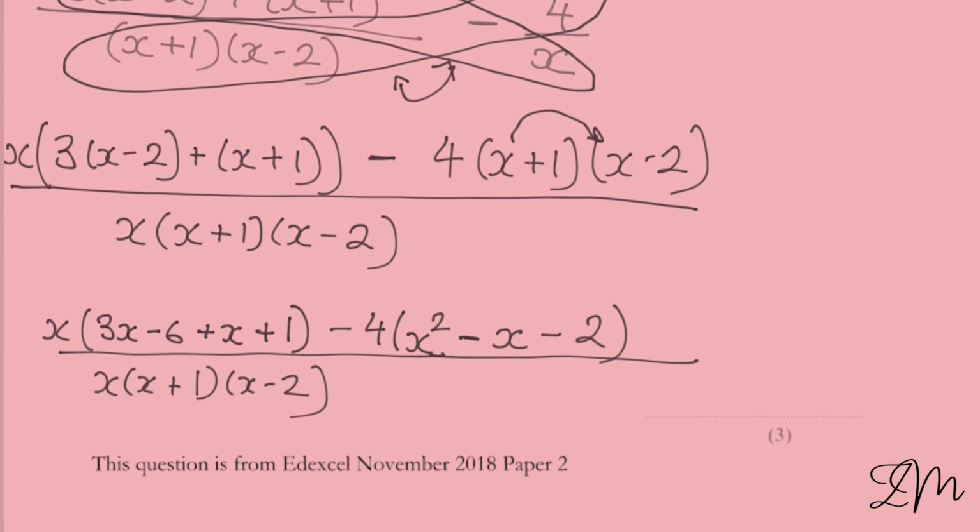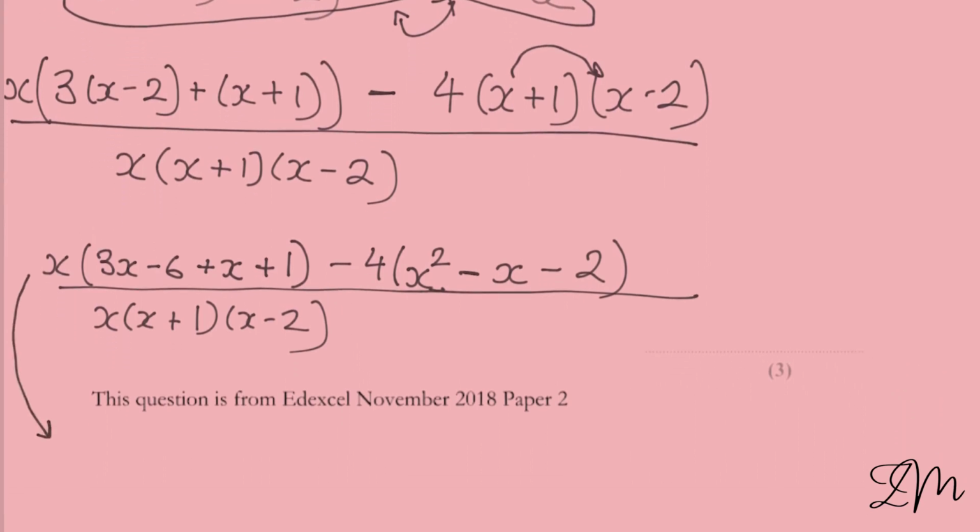Right, and finally, let's sort that out there. So we've got x, and then we've got 4x minus 6 plus 1, so we're going to get minus 5, and then we can open out this bracket while we're here.